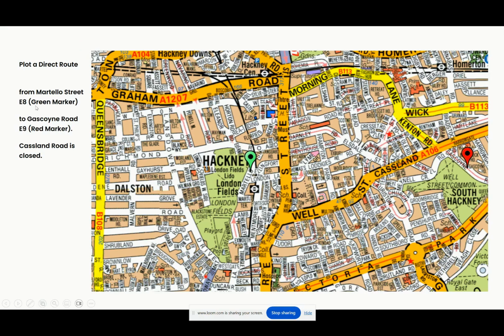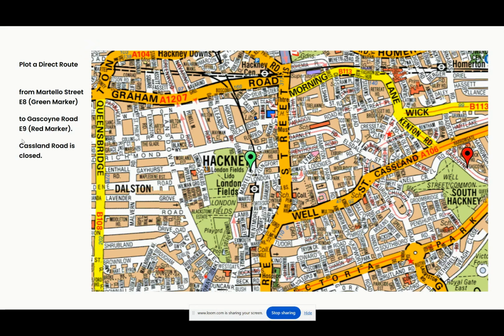So in this case, the starting location is Martello Street in E8, and the end location is Gascoigne Road in E9.